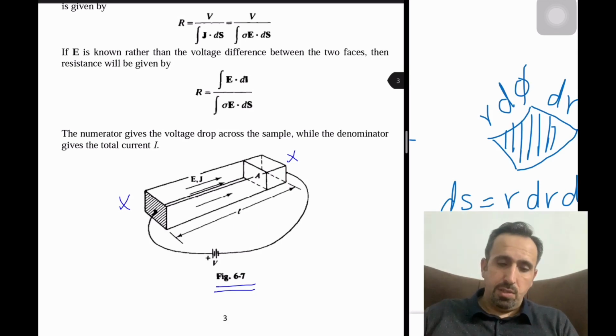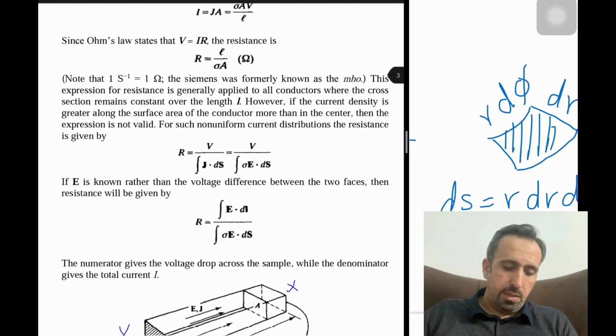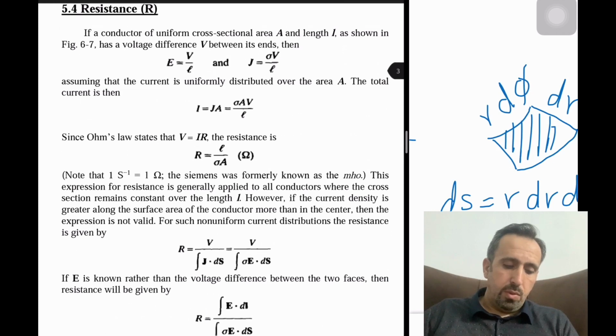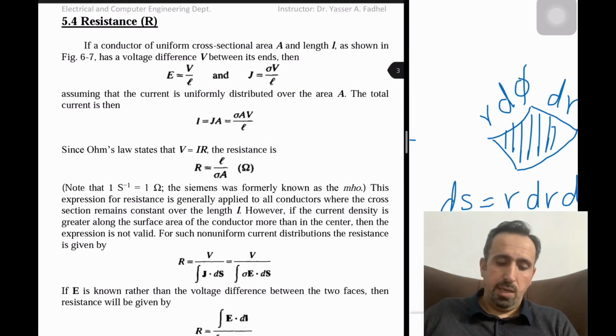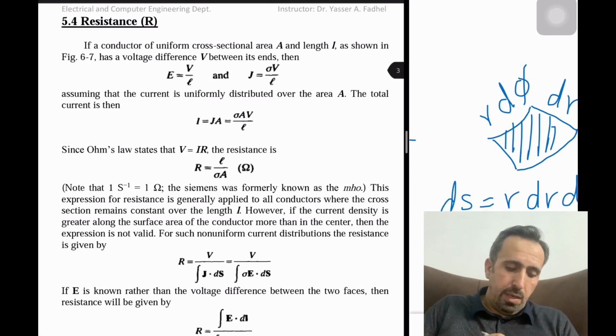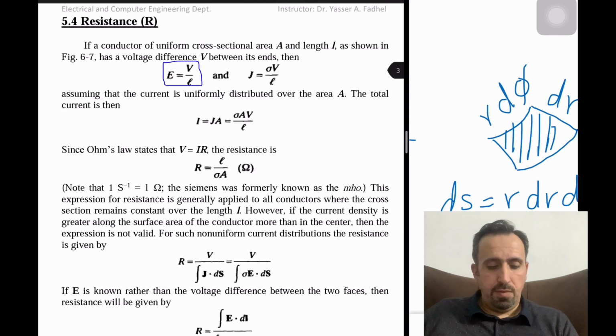To know its value, it can be very simply concluded to be V over L. Why?